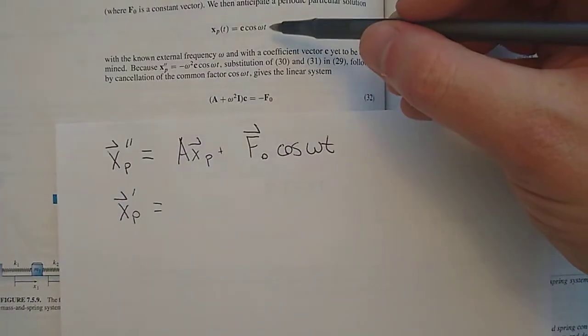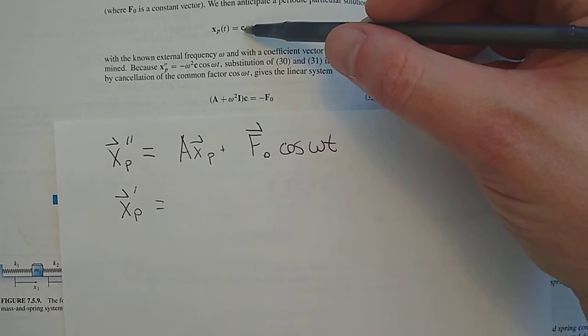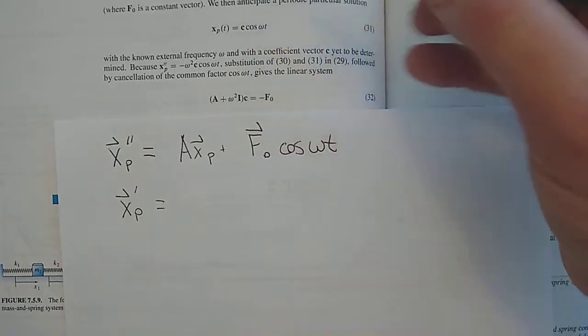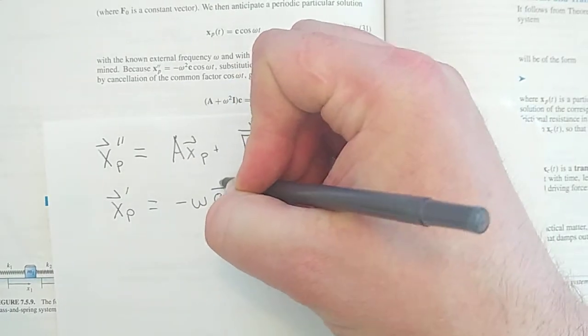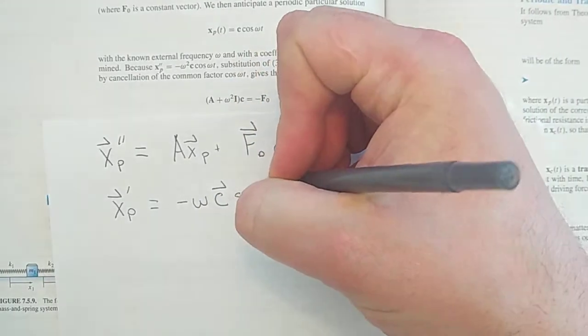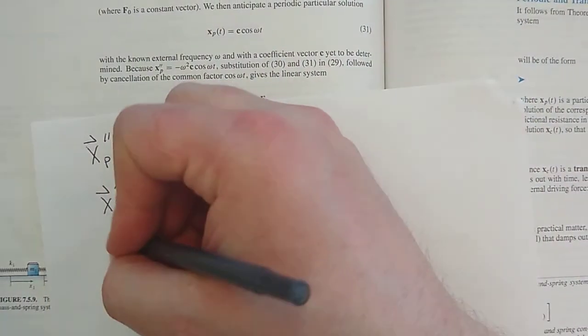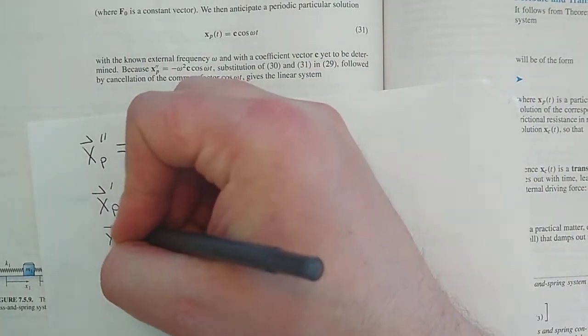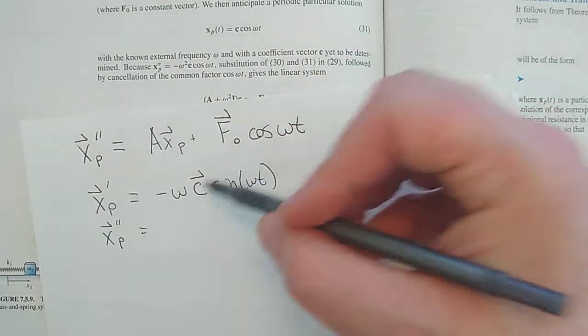So I am taking this derivative. C is a constant vector, so I'm just doing the derivative of the cosine part, so it's going to be negative omega c sine omega t. And then the second derivative, I'm doing the derivative of this. Again, omega is a constant, c is a constant.